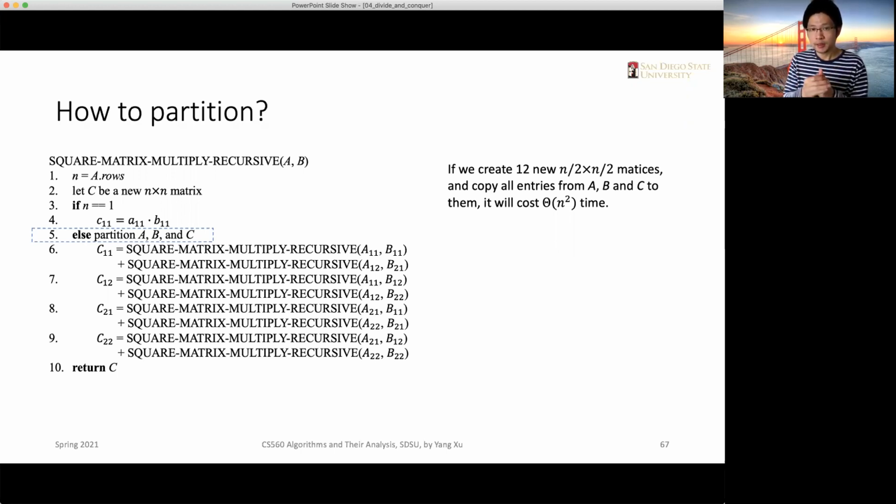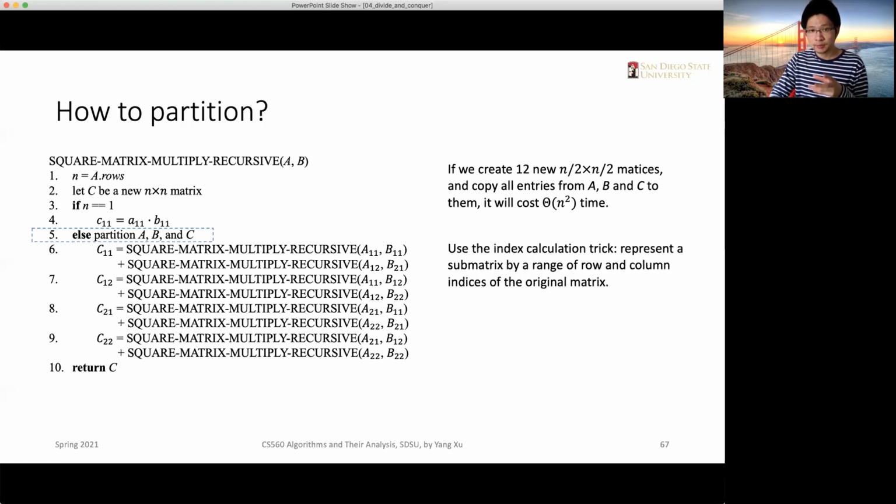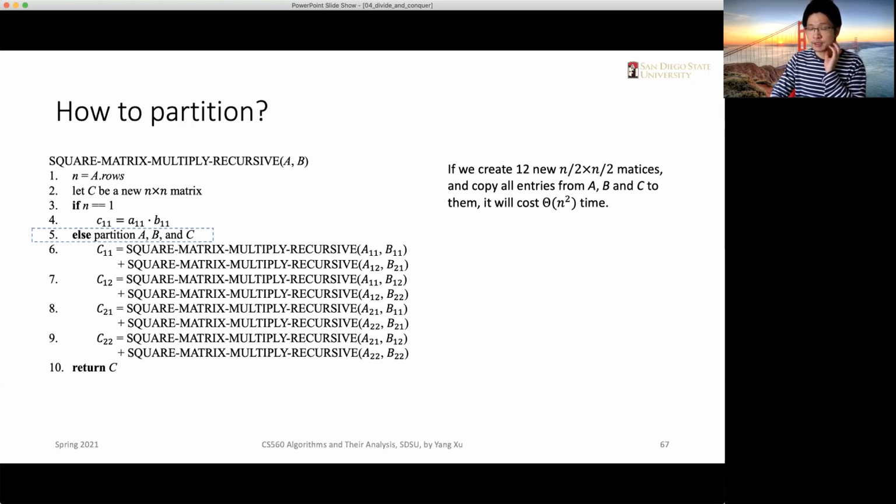So that is our assumption, that we create the submatrices in some new memory space. But that's going to cost us a considerable amount of time. So think about the problem. In order to copy one matrix to another place, we need to use two for loops to go through all the elements in the source matrix and copy each element to the target matrix. That is not a free operation.